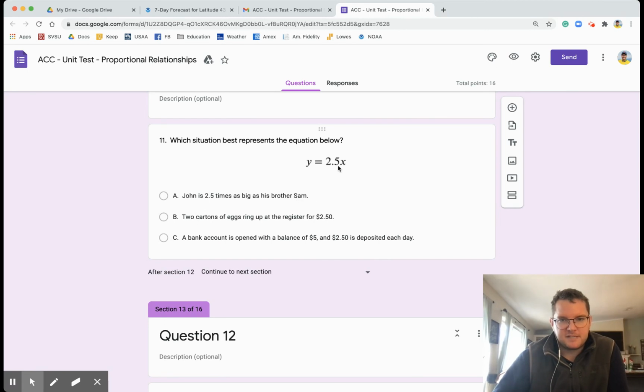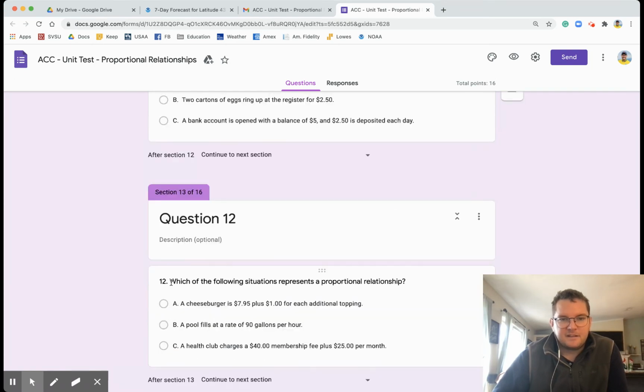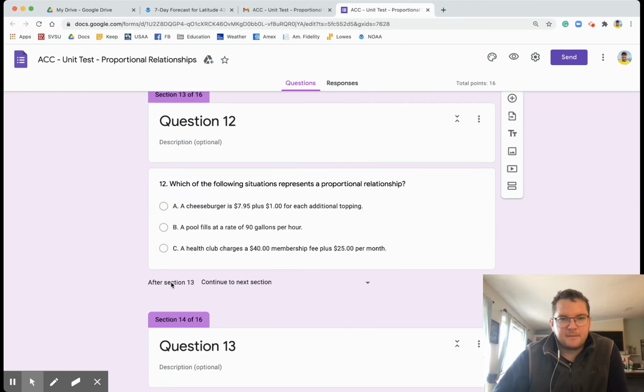We don't know who Sam is or how big he is, so he would represent X. 2 cartons of eggs rings up the register for $2.50, or a bank account opened with a balance of $5 and $2.50 is deposited each day. You will need to figure that out, but I kind of alluded to it there in the beginning.